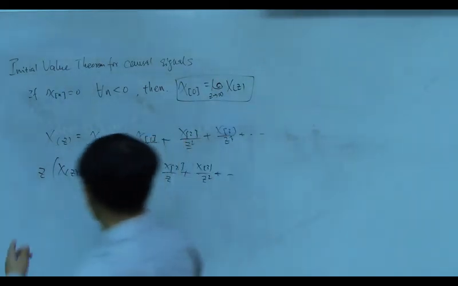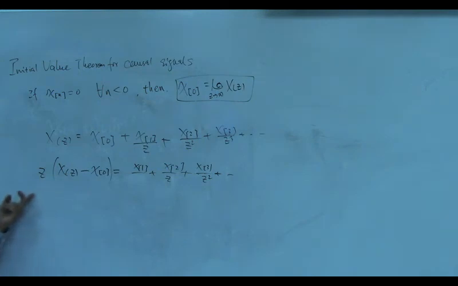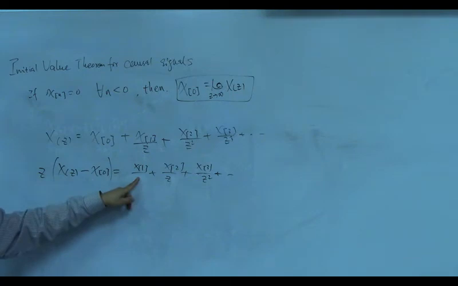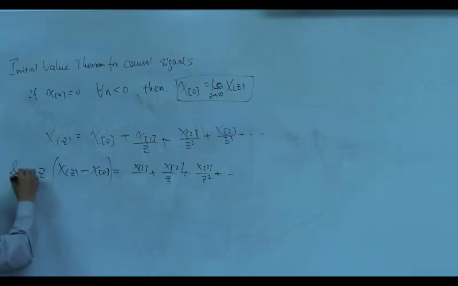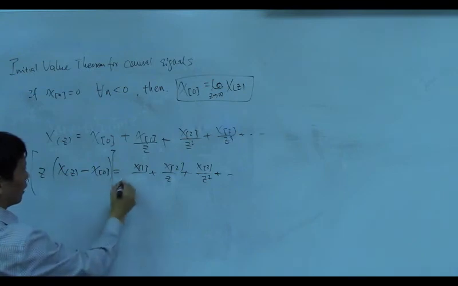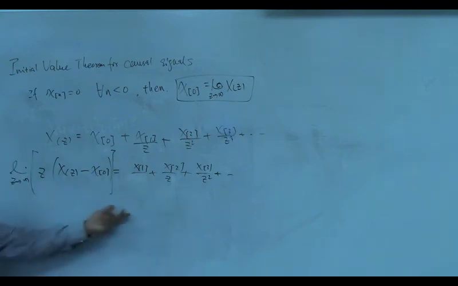Okay, we know this term here, right? If you let z go to infinity, take the limit, what is this? Right? Take the limit, z goes to infinity, this side, and this is also the limit, z goes to infinity.